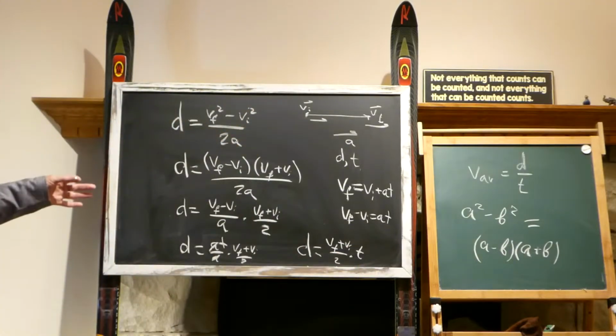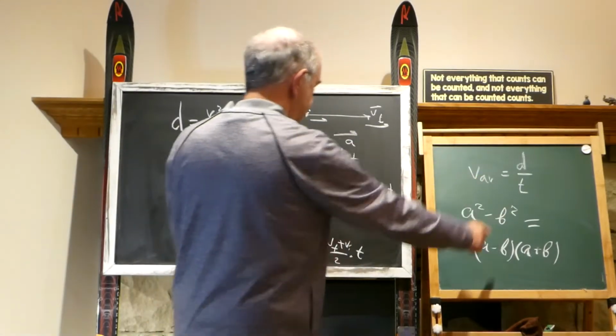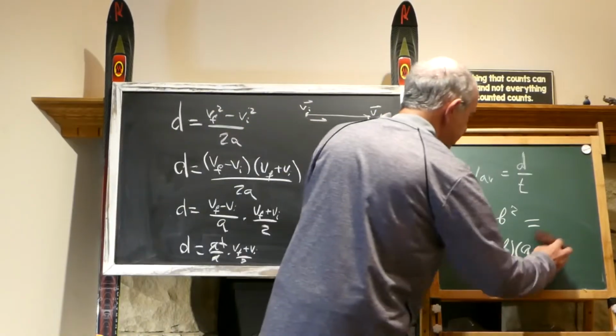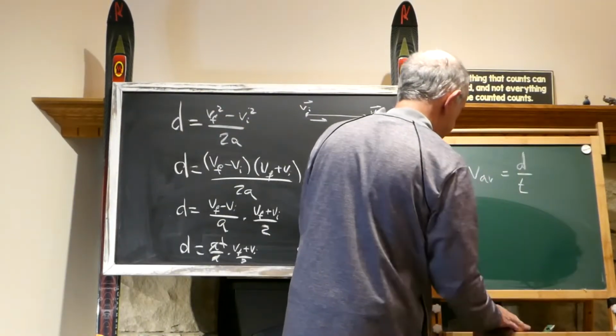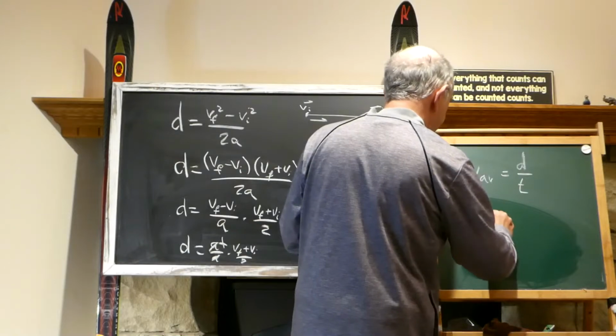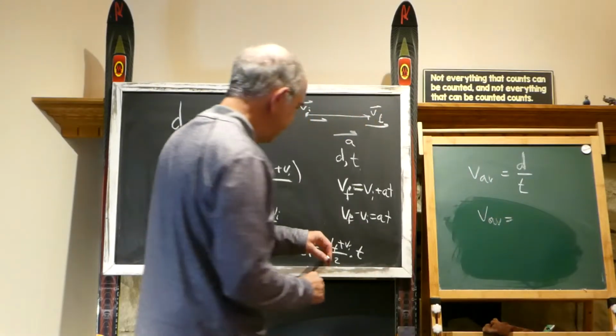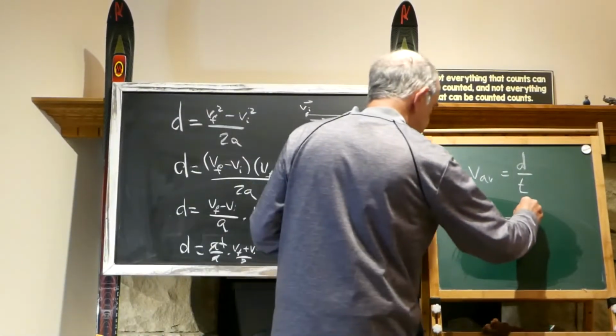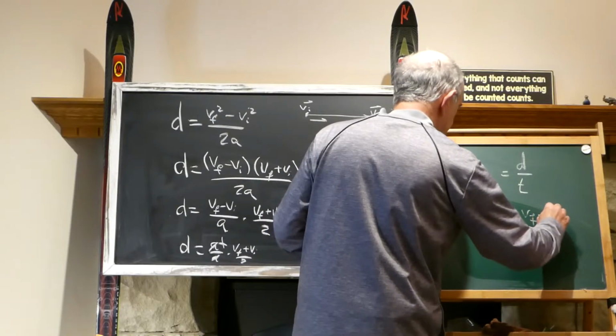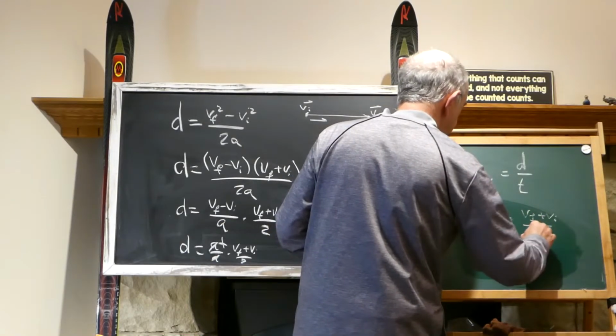And just looking on this and comparing this to this, I immediately can of course say that v average in this particular case equal v final plus v initial over 2.